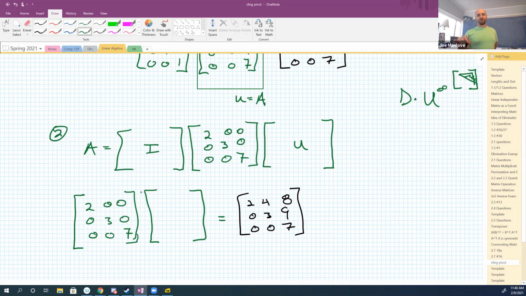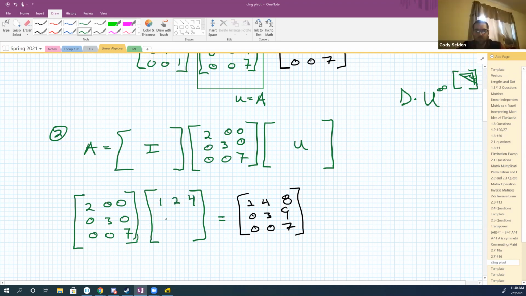Oh yeah, that seems like it works. You guys see that? So Jacob's saying you could notice that this will work. What's your middle row going to be? 0, 1, 3. Good. And your last row? 0, 0, 1. Cool.